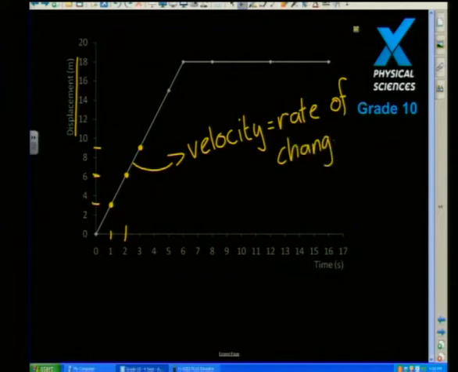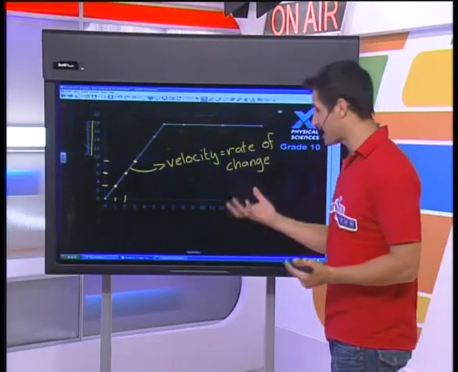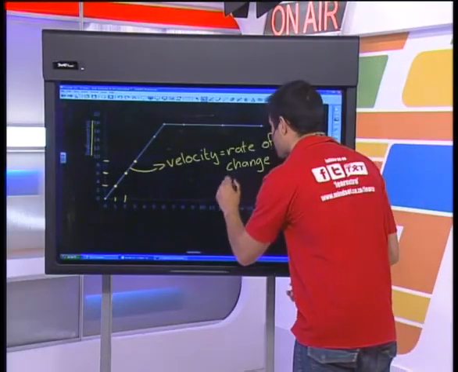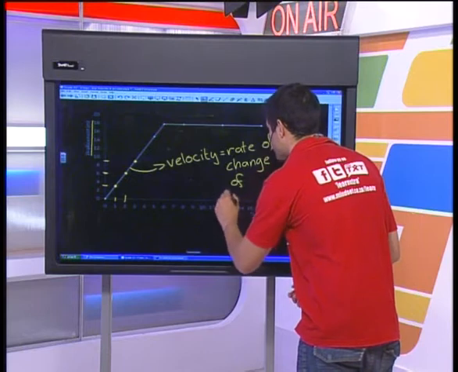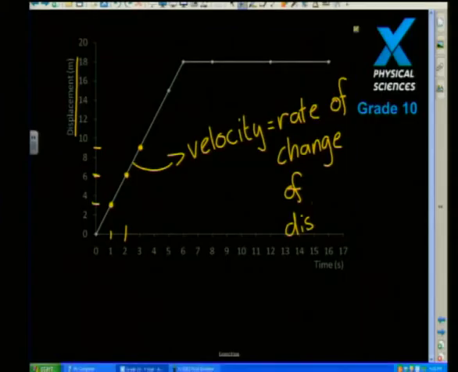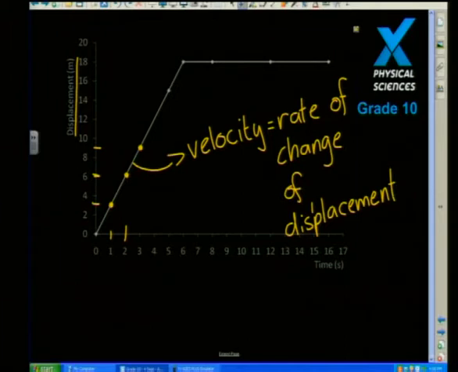If you have been doing a little bit of maths, rate of change is actually the slope, the m value. In other words, I can find out what my velocity is off this graph. So my rate of change of displacement is the way that I can tell how fast something is going using a displacement time graph.